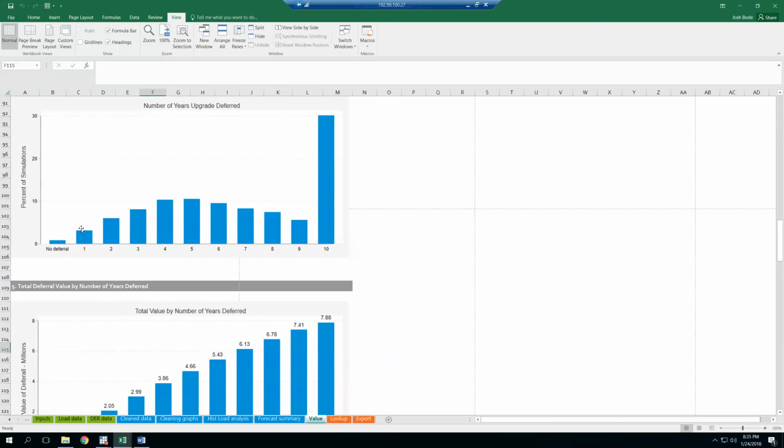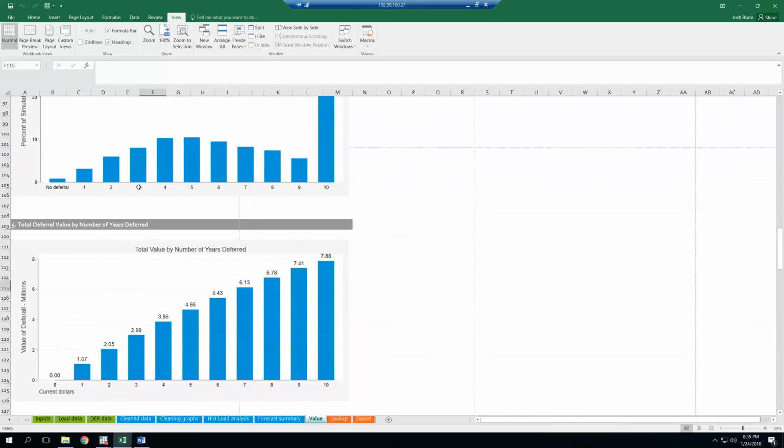One key thing to keep in mind is that really it's the same investment you're deferring. And say it's a $50 million upgrade or a $10 million upgrade, I think is what we put in the input overall. If it's a $10 million upgrade, then if you defer for 1 year, it has a specific value. If you defer for 2 years, it has a specific value. And that's what the chart down here shows you.